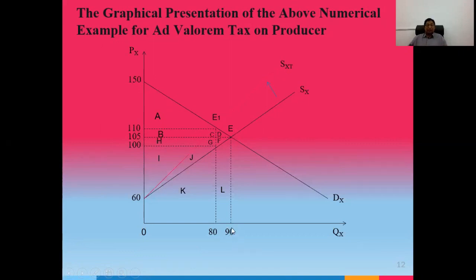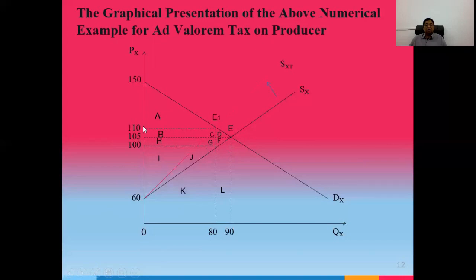After 10% ad valorem tariff on commodity X, the supply curve shifts from Sx to Sxt. Then equilibrium occurs at point E1 with equilibrium price 110, that is what purchasers pay, and equilibrium quantity 80, the price received by suppliers 100. This area measures the government tax revenue.